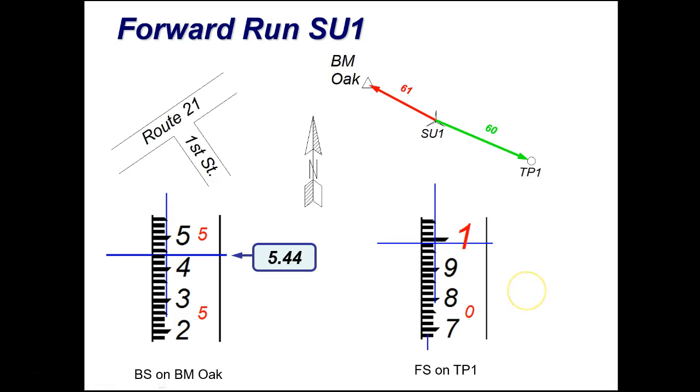Our reading on TP1, turning point 1, our foresight on that is 0.98. We're not at a whole foot because that would be up here. So we're at 0.9, there's 1, 2, 3, 4, 5, 6, 7, 8. So 0.98 is our front sight on turning point 1.